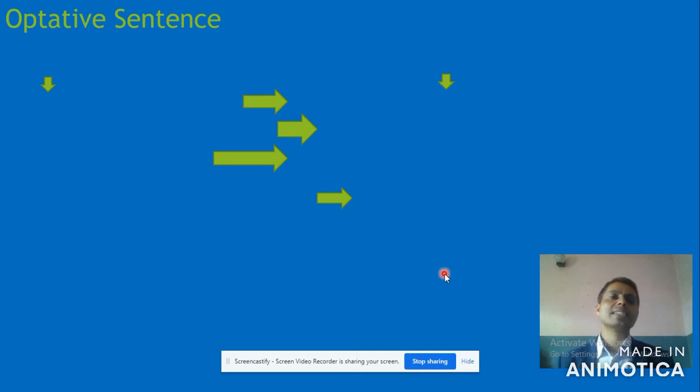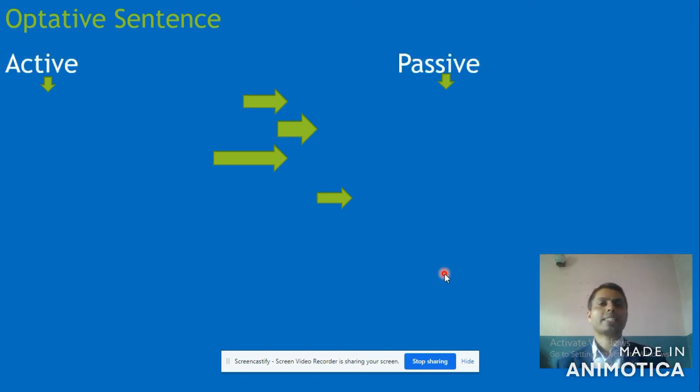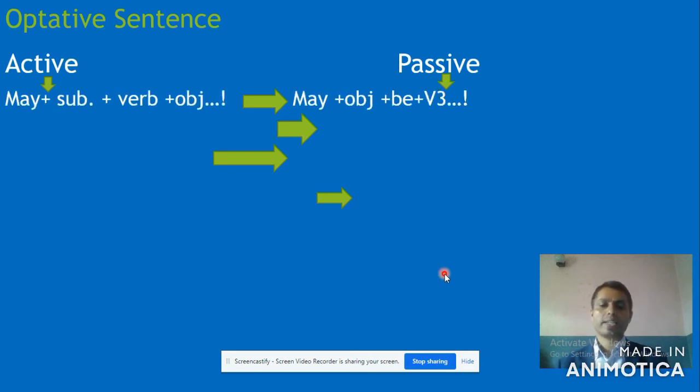How to change an optative sentence from one form to another form, I mean from active to passive or vice versa. Right? Okay, now let's have a look. Active and passive. Very first the structure, then example sentences. Okay, look at here, my dear student. May plus subject plus verb plus object, then at last you see an exclamatory mark.